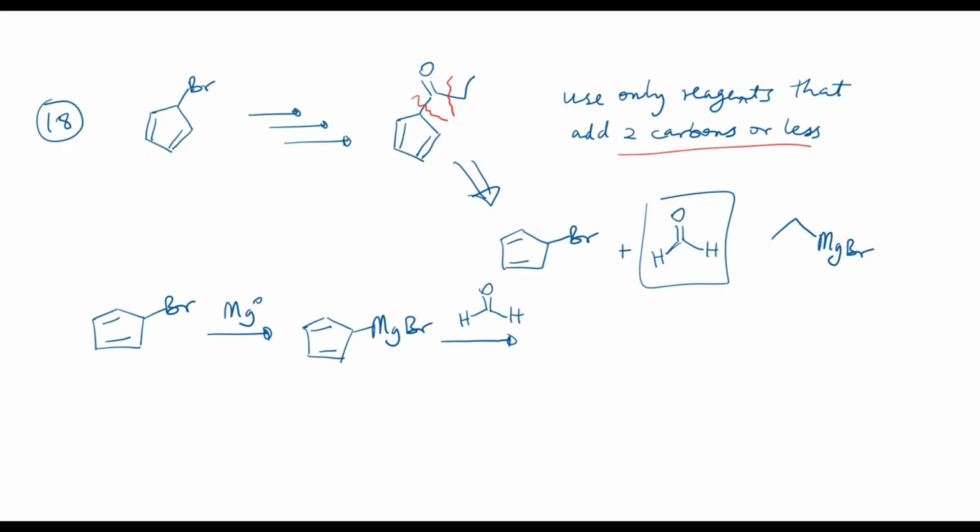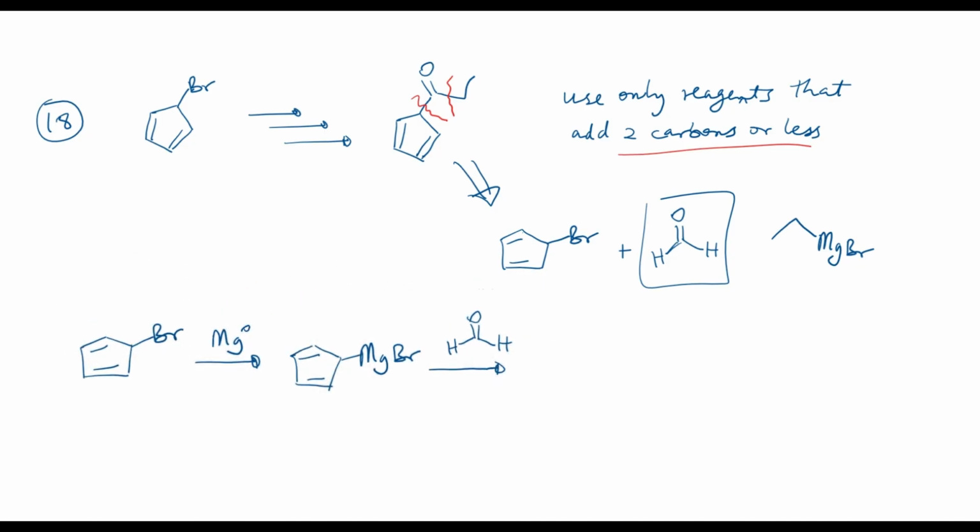So if we react it with formaldehyde, now the alkyl group will be attached to the carbonyl carbon of the formaldehyde, and this is going to form an alcohol. Again, there should always be 2 steps. One is the step involving the reaction of the formaldehyde with the Grignard reagent, and the second step will be the acid workup step.